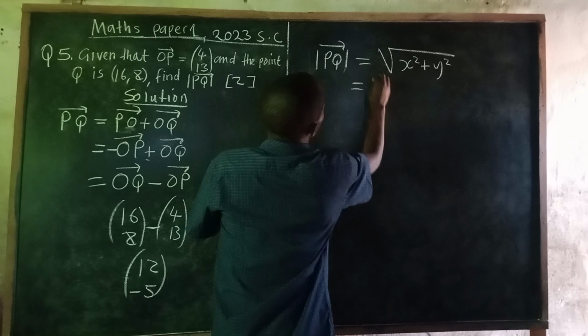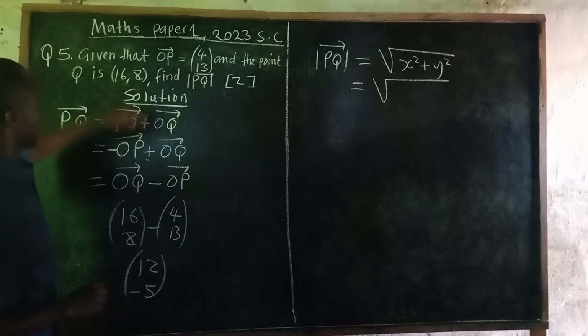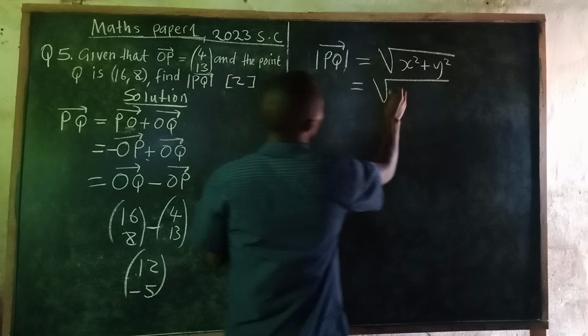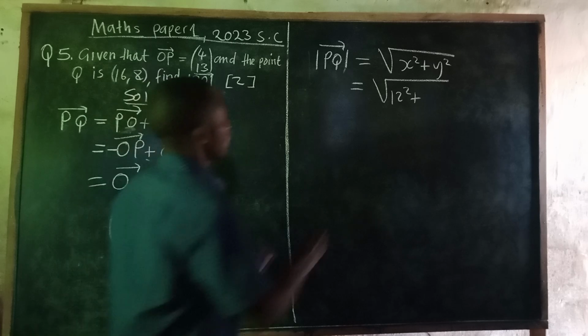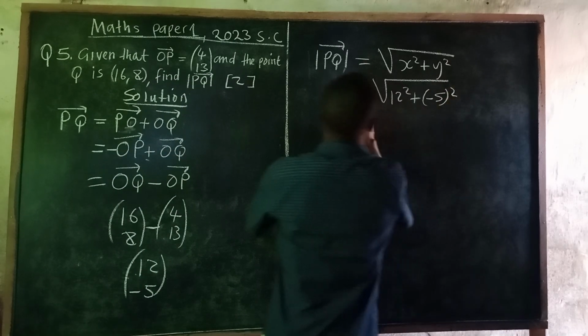So let us substitute accordingly. So x in this case is the one on top, 12, so 12 squared, plus the one below is y, negative 5, squared.